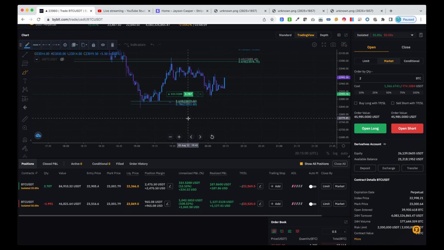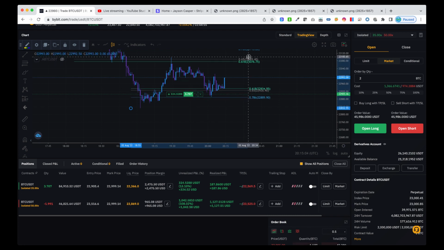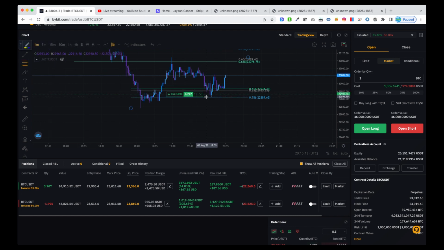Then we came in for our second higher low, and again we bounced right from our Fibonacci golden pocket retracement, right? And then we came from this to this, and look where we bounced again, right from the Fibonacci golden pocket retracement. Literally every single low that we put in here has given us a bounce from the Fibonacci golden pocket retracement.